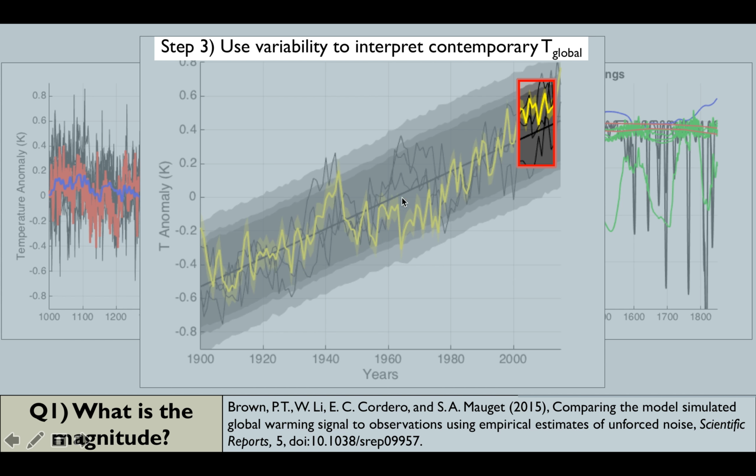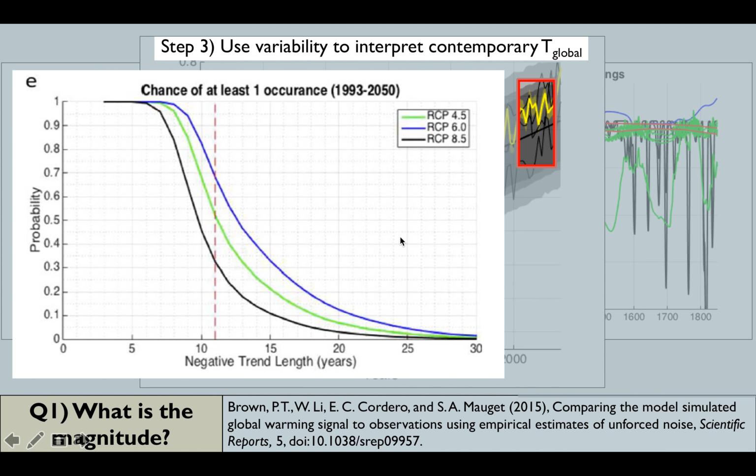It's barely even noticeable on this time scale, but if you fit a linear trend from 2002 to 2013 in the NASA GISTEMP observational record, you get a negative linear trend over that 11-year time span. And so we can use our model to ask, how likely is something like that to occur?